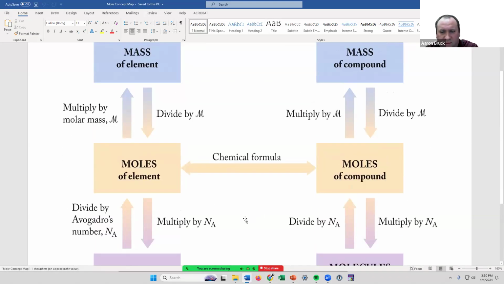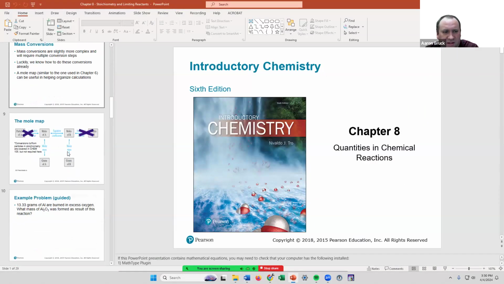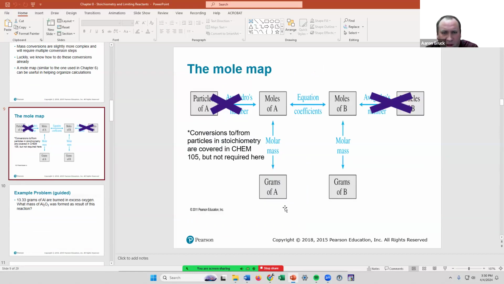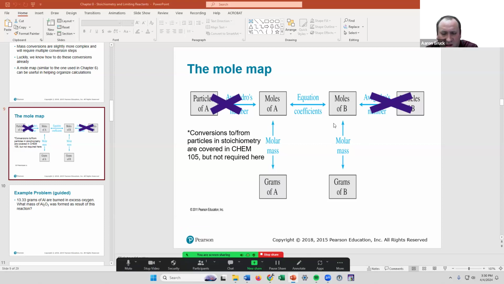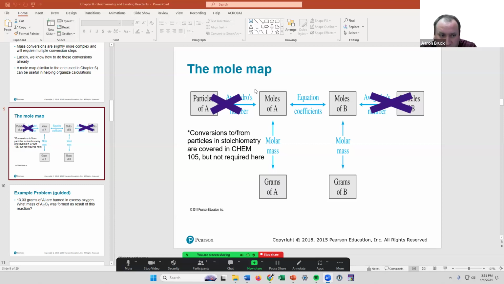So this was the mole concept map from a couple of chapters ago. That's not the right one. It's this one right here. This mole map concept is the thing that you need to be able to use, or at least I will be giving you this as part of that bundle of materials that you get on exam days. And you'll be able to use it as needed to do your work.